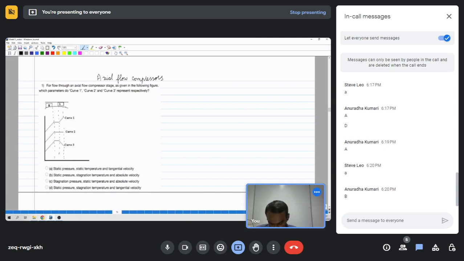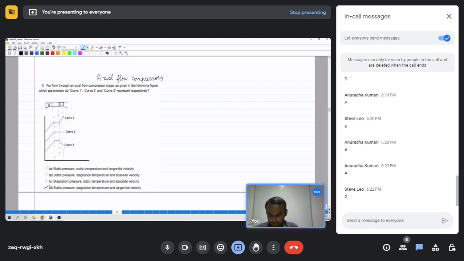Curve 2 might represent static temperature or stagnation temperature, and curve 3 can represent tangential velocity or absolute velocity. Yes, option D is right.